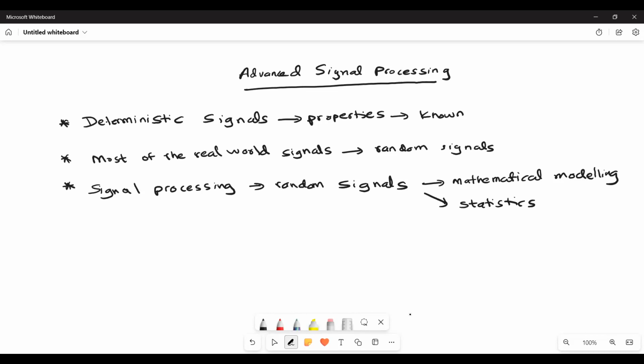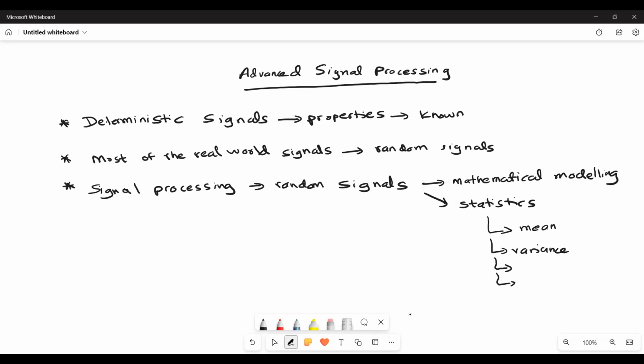If you talk about statistics, there are many concepts, like mean, variance, and other higher order statistics, which we will get into in today's class. We are talking about all those statistics in this module.